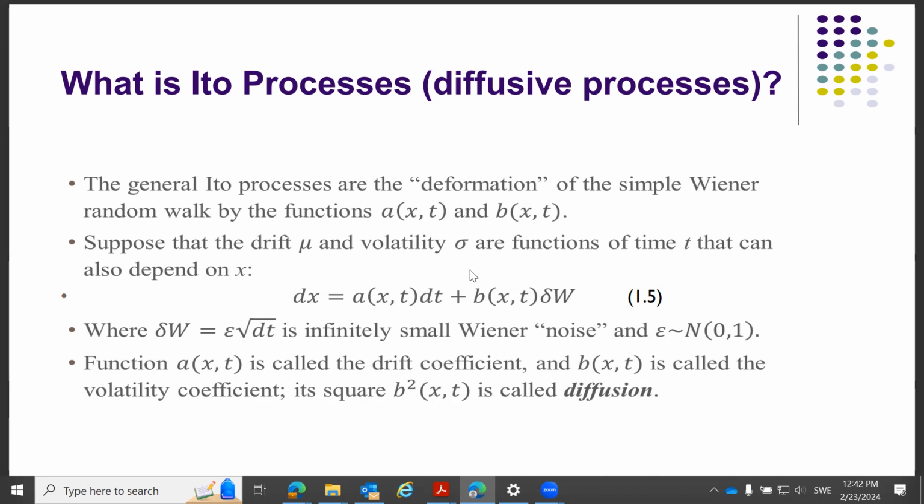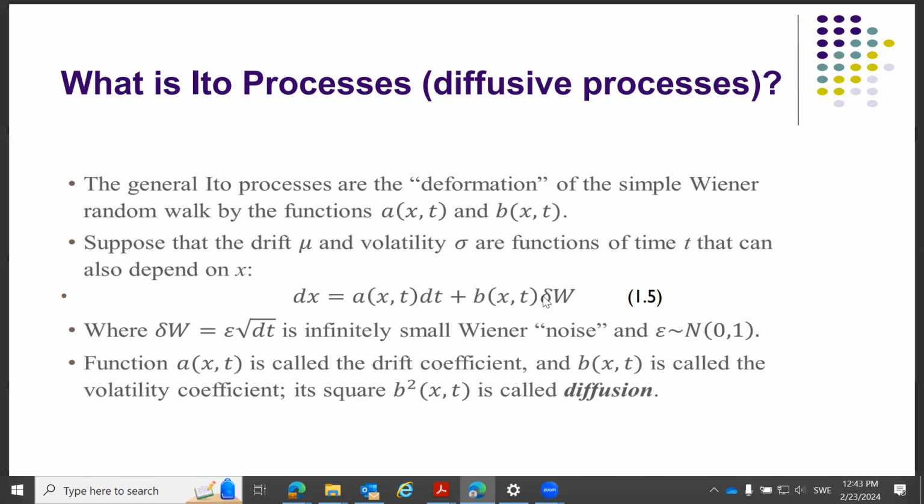What is a diffusion process? It is a deformation of the Wiener process, and it can be written in this form with coefficients a and b. They are the drift coefficient and the diffusion coefficient, and the meaning of these coefficients is very important for us.